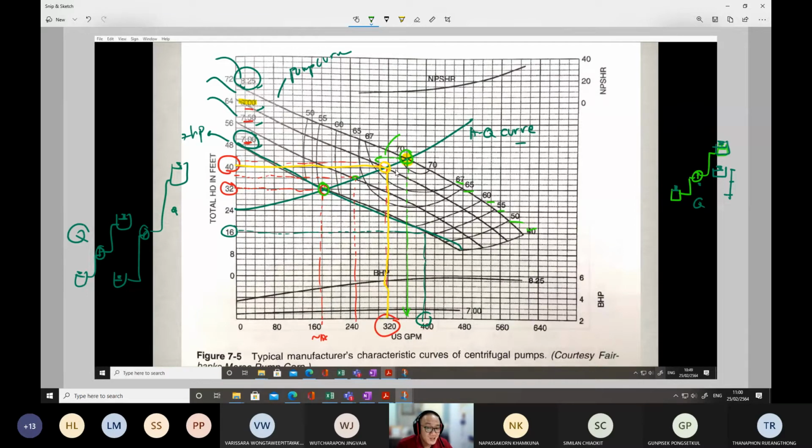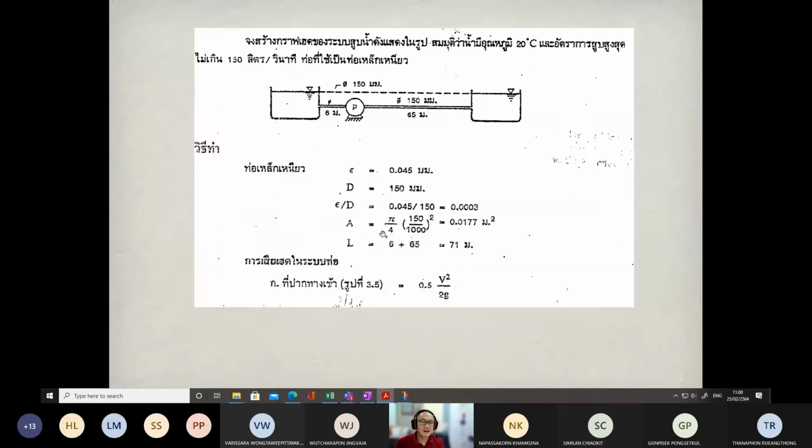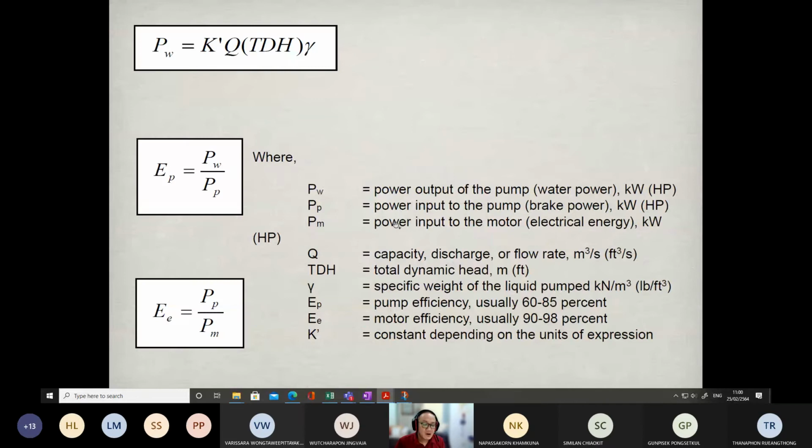But now as engineers, we have to compare whether you go for this one or you go for this one. What is this efficiency? What does it really mean? Actually, when we talk about efficiency, it means that we compare the power input and the power output.